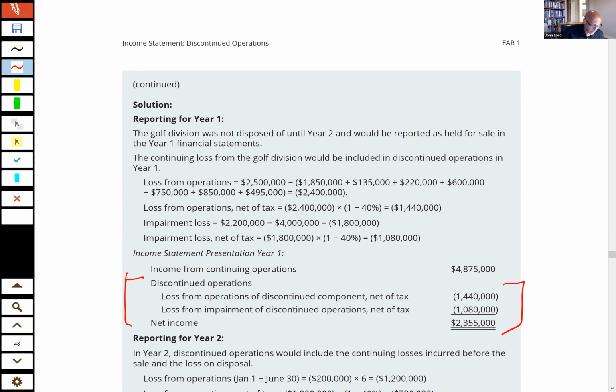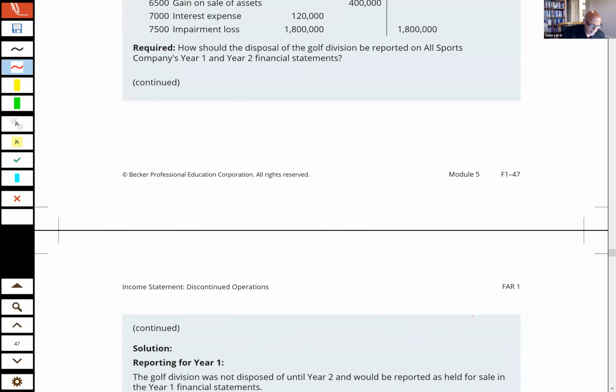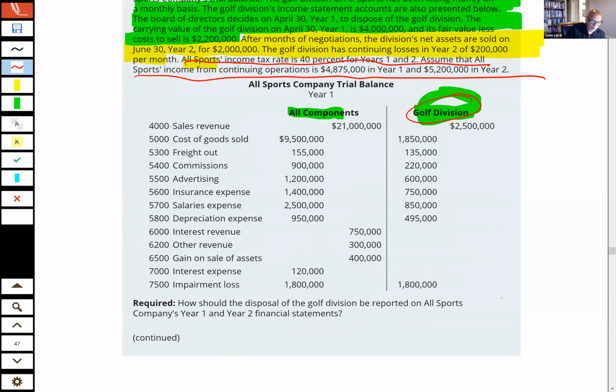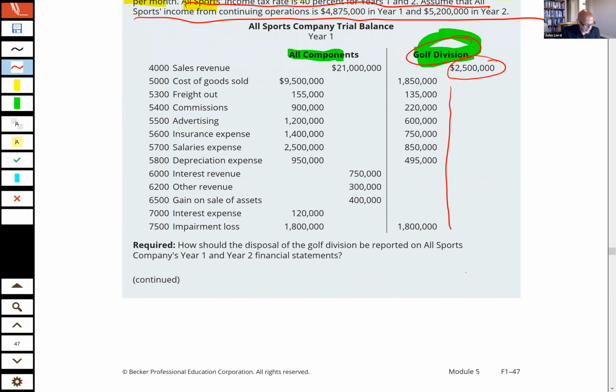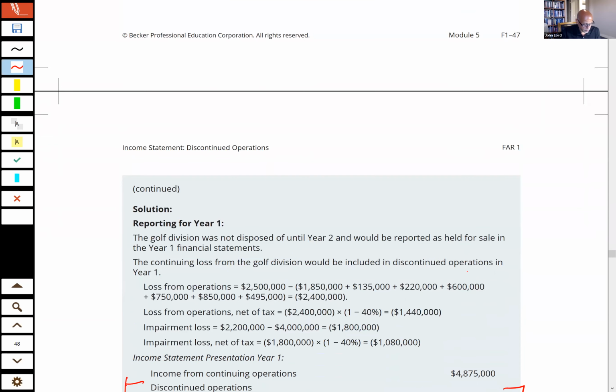The other thing that's annoying about this example is they want you to treat it like a whole simulation where you take the revenue minus all the expenses, which would allow you to come up with the income for the period.